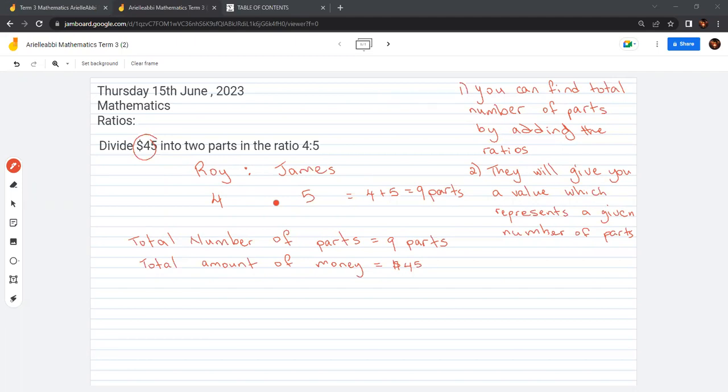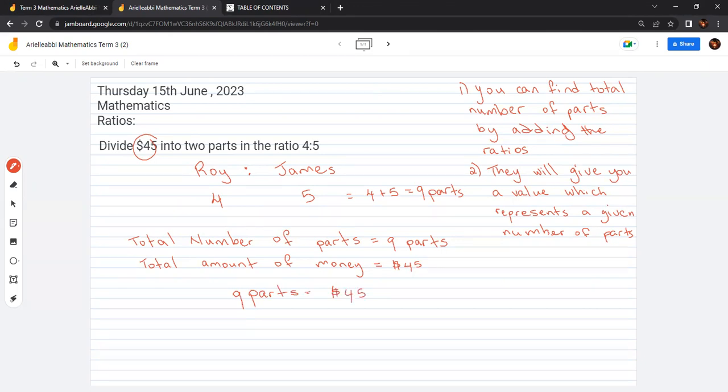So they're telling me that 9 parts is equal to $45.